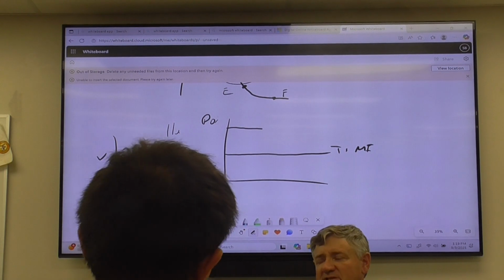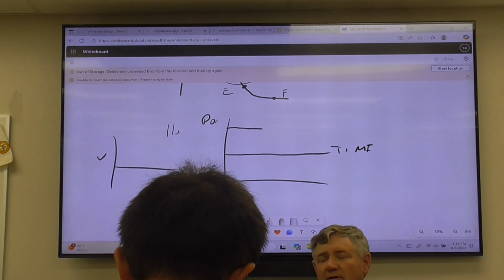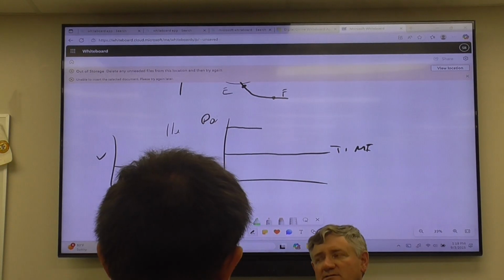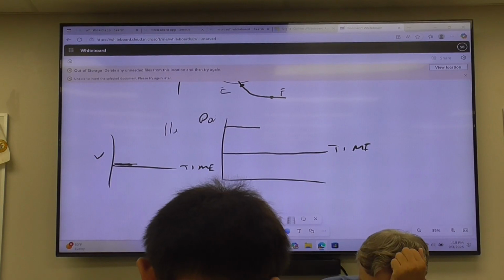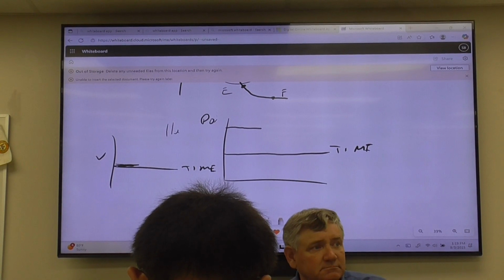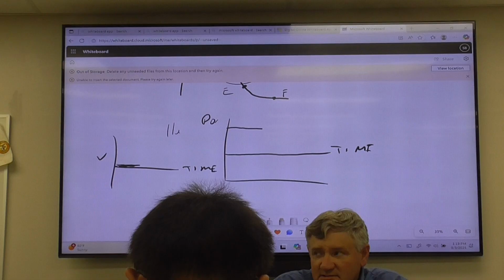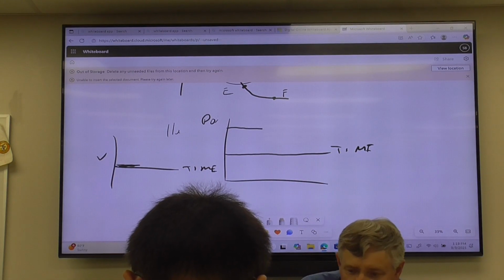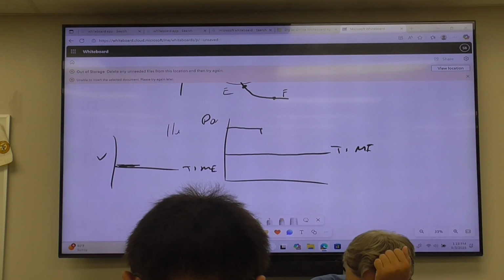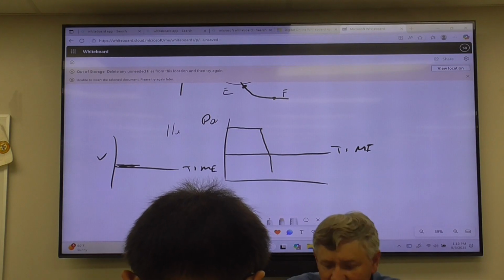What's the slope of a position time graph give you? Velocity. What's the velocity? 0. Oh, okay. So in your velocity time graph, just draw a horizontal line at 0. You're just at rest. That isn't bad, it's just not moving, okay? Now, then the line comes down like this.